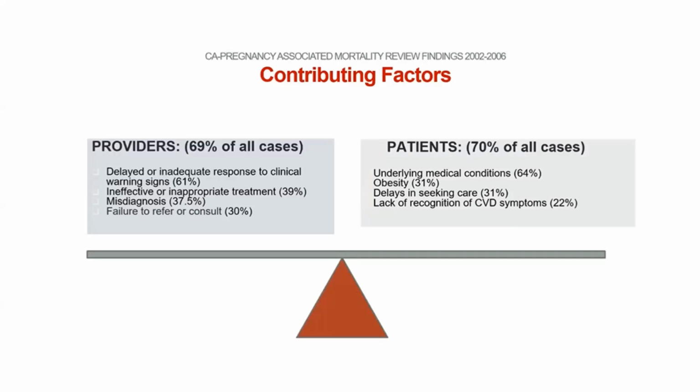Related to the providers, there was either delayed response to clinical warning signs, maybe misinformation or treatment, misdiagnosis, or failure to even refer them to someone else. And from the patient's perspective, there were underlying medical conditions that maybe weren't fully taken care of. Obesity was 31%, delay in seeking care, and then lack of recognition of cardiovascular disease symptoms. Now, a lot of patients, our lay patients, don't even know what the signs and symptoms would be of cardiovascular disease. They might think, I'm young, I'm healthy, I'm in my early 30s, I'm just pregnant, right?